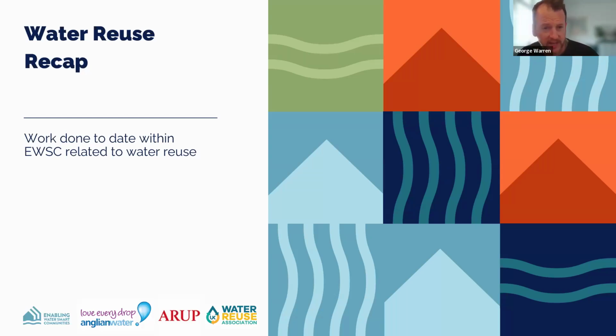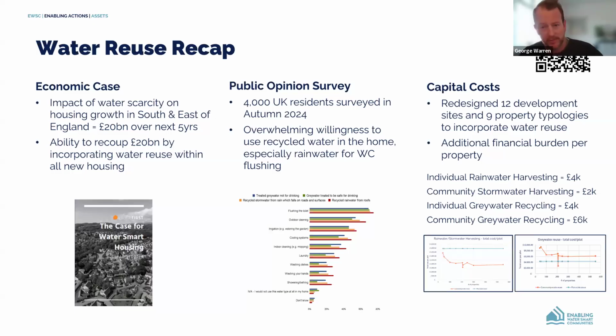So first, I'll just give you a recap of what we've already presented in previous webinars. We've been doing a fair bit of work on water reuse. We developed an economic case with Public First, which looked at the impact of water scarcity on housing growth in the south and east of England, which was estimated, I can see an error there, it should say 25 billion over the next 5 years.